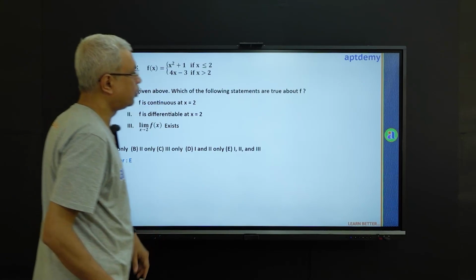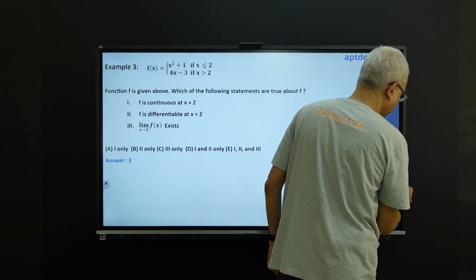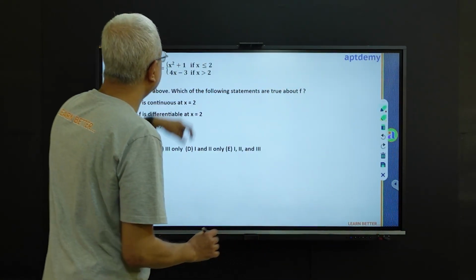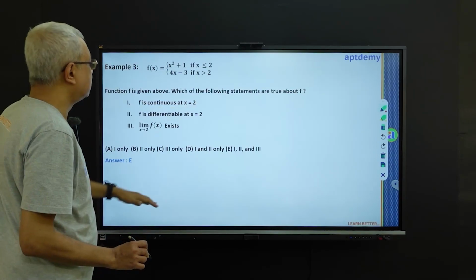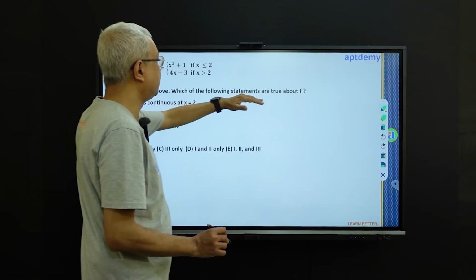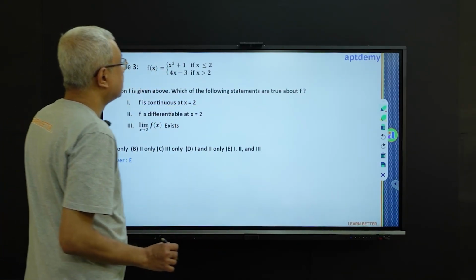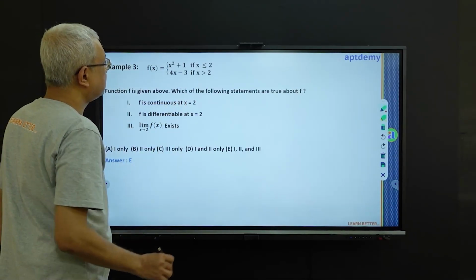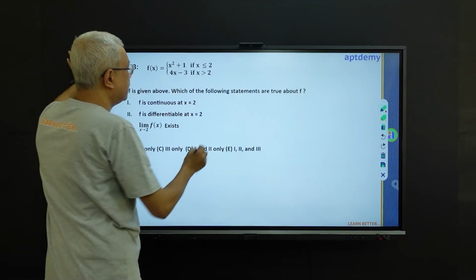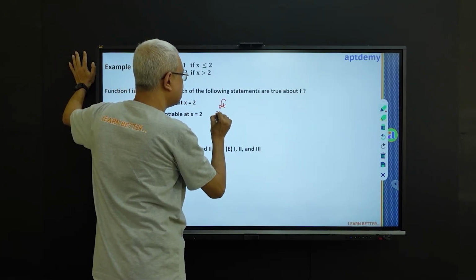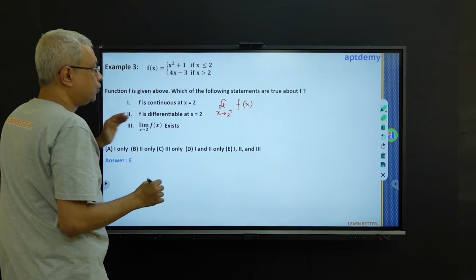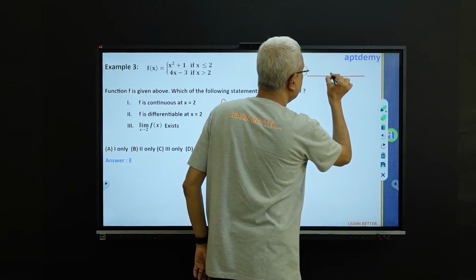Now let us consider another problem. Function f(x) is defined like this. Which of the following statements are correct, that we have to find out. Now, f is continuous at x equal to 2. So f(x) is defined as this. Let us calculate the limit as x approaches 2 from the positive side.